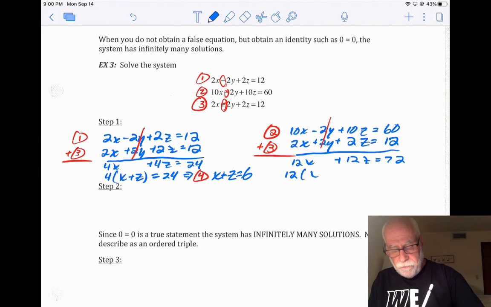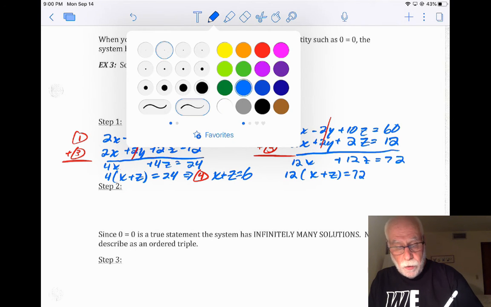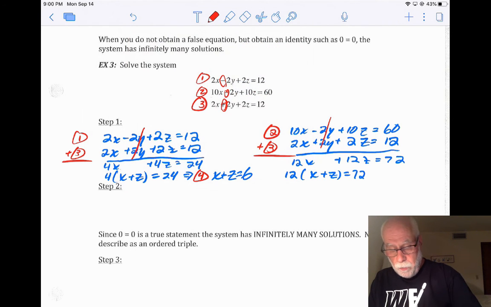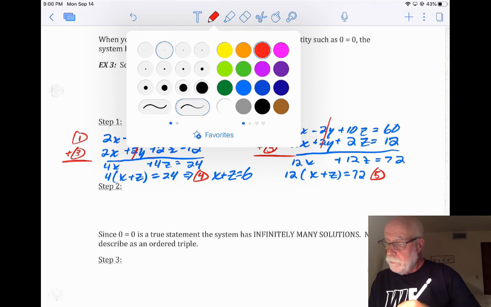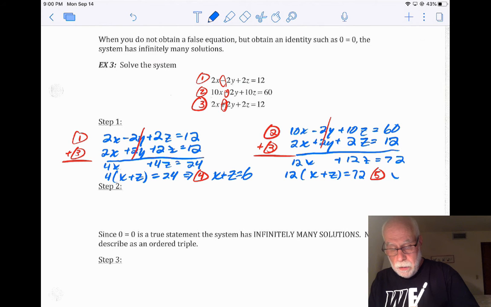The 12 I can factor out, so I'll have x plus z is equal to 72. And when I divide through by 12, equation 5 now becomes x plus z is equal to 6.